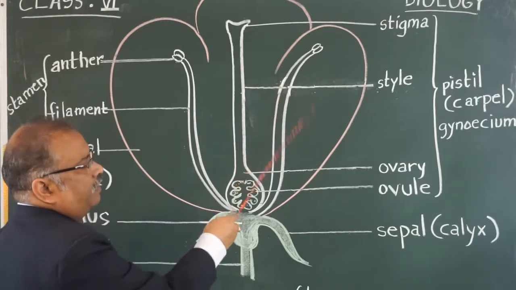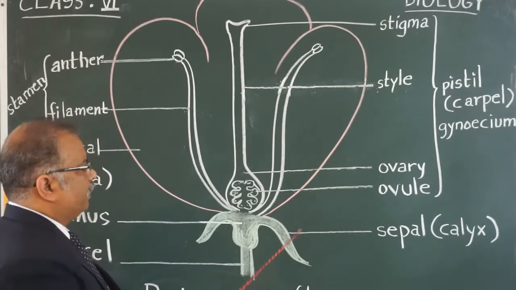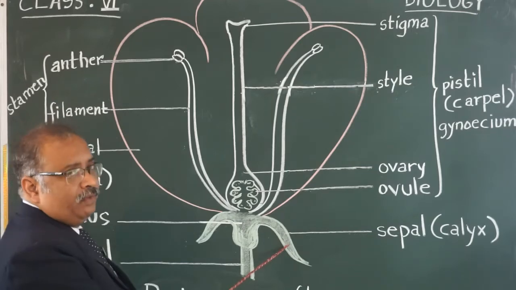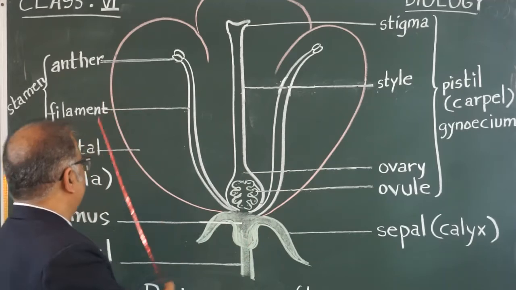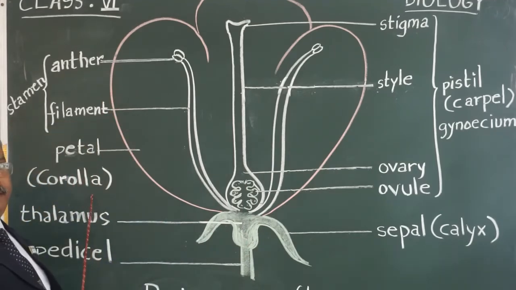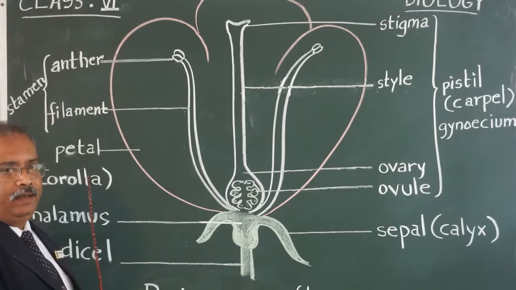So this makes the flower very attractive. Calyx was the first outermost layer. Then we have corolla, the petals, which is the second layer, the second whorl of the flower.